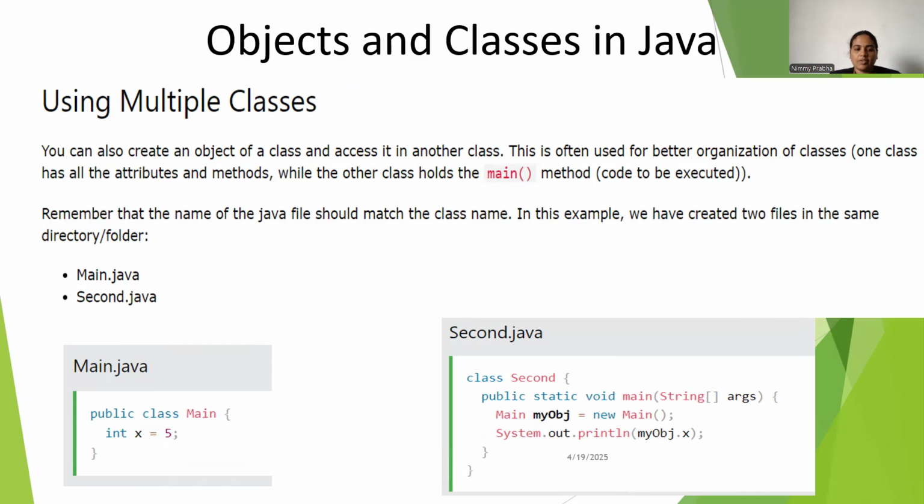In main.java, we declare one value x. In second.java, we created an object of main. With the help of this object name, we are calling the value in the class. These main.java and second.java are the two classes.